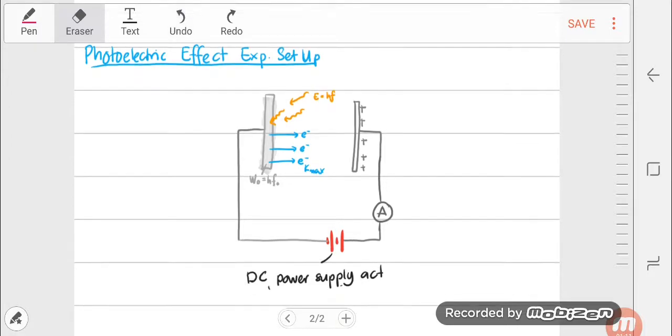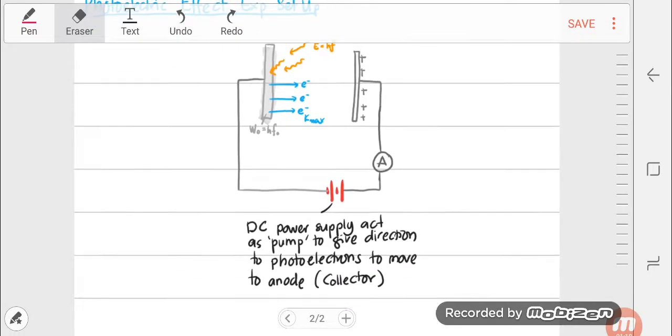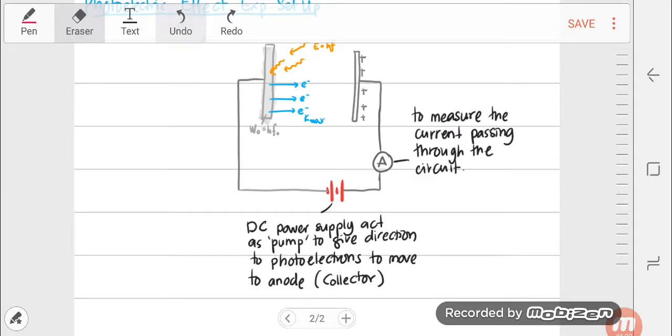So the DC power supply acts as a pump to give direction to the photoelectrons to move to the anode, which in this case we call the collector. And then the function of the ammeter is to measure the current passing through the circuit. So when we see a deflection of the needle, this means the electrons have reached the anode and the circuit is complete, and we know that when electrons move, they produce current.